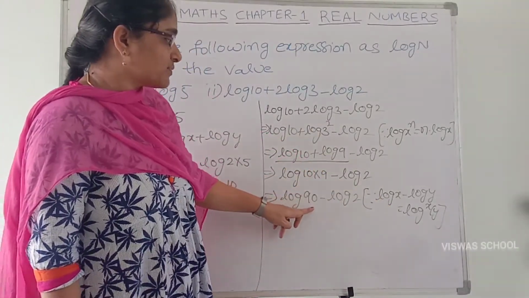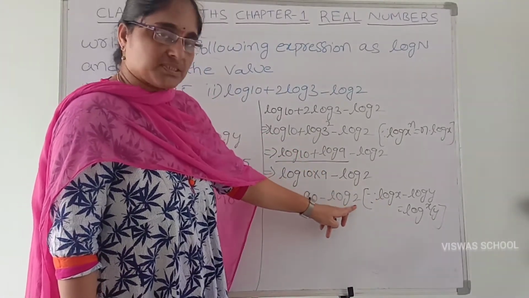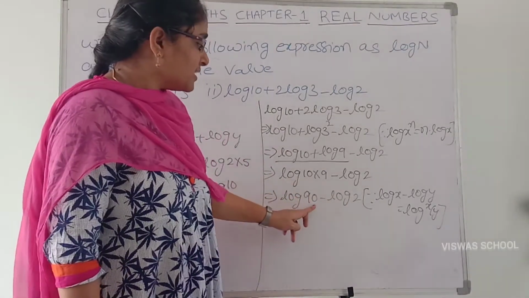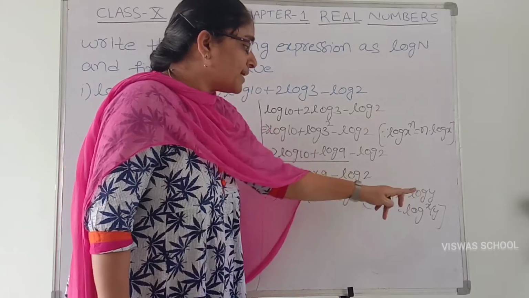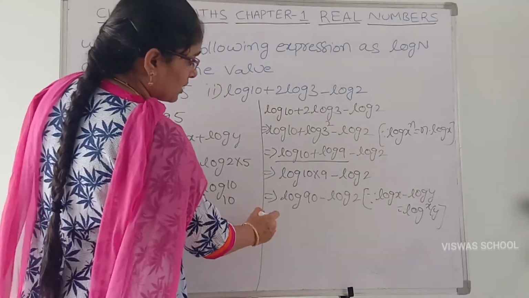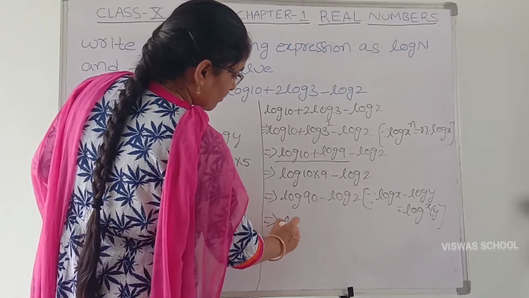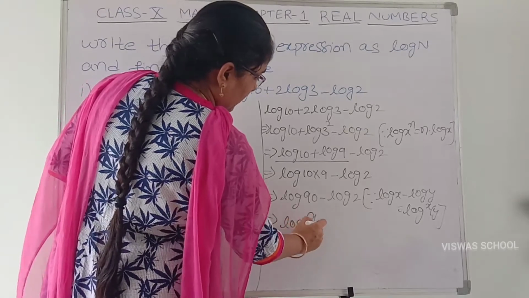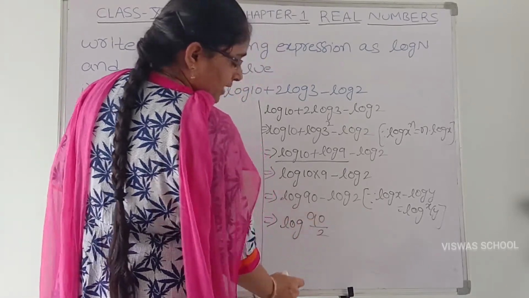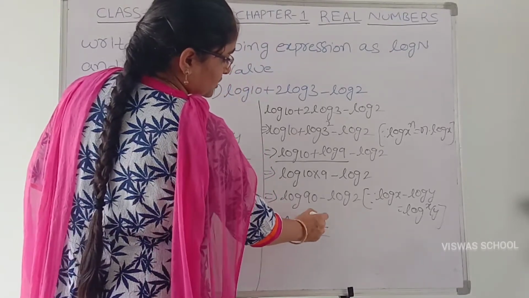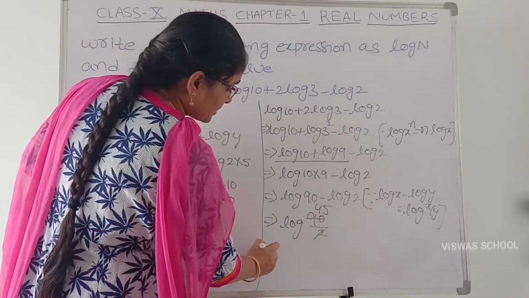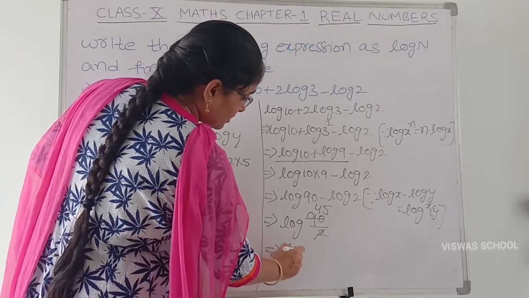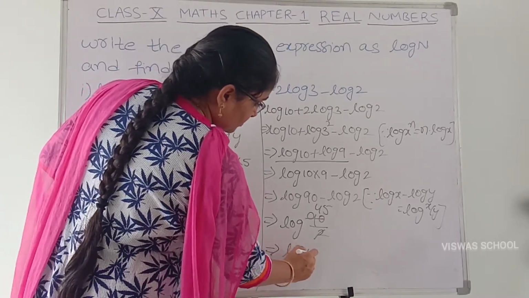Here the x value is 90 and the y value is 2. Log 90 minus log 2 is equal to log 90 by 2. Here the cancellation is, 2 ones are 2, and 2 forty-fives are 90. So this value is log 45.